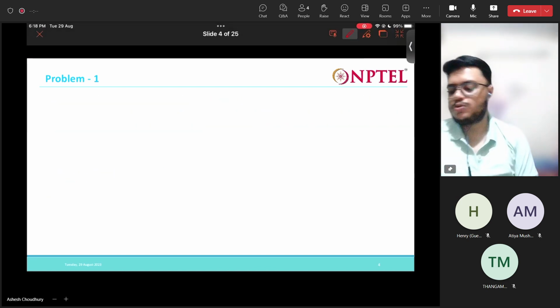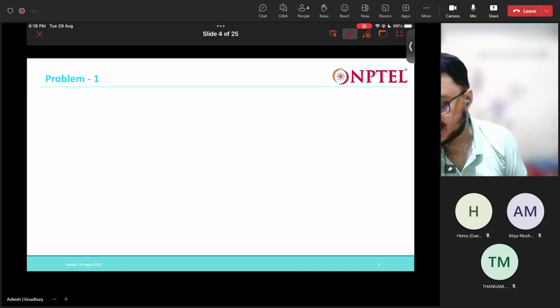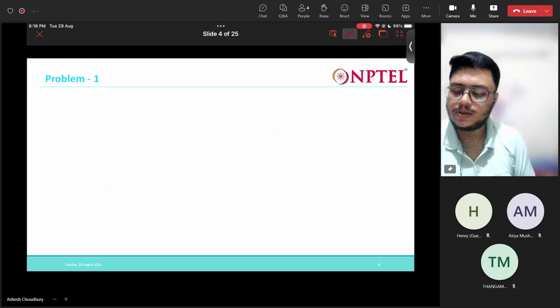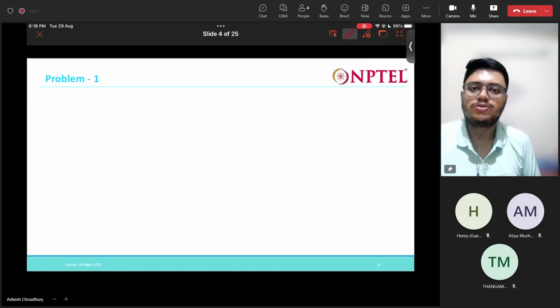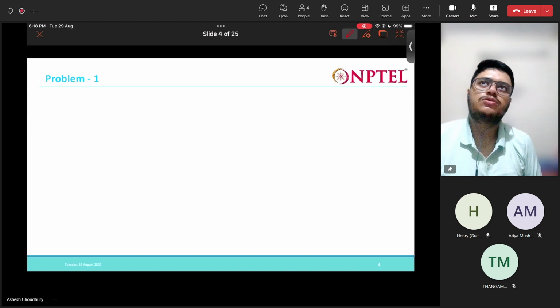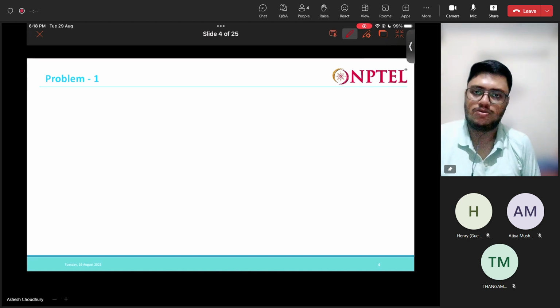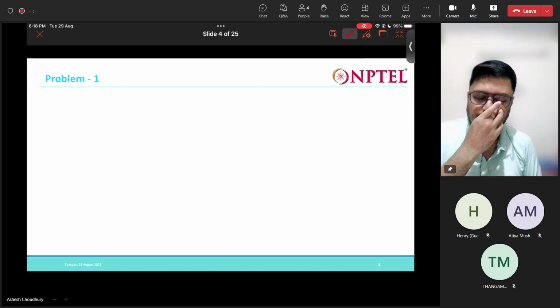First, we will be determining the horizontal pressure. How to determine the horizontal pressure? Horizontal pressure means the earth pressure and the pressure coming from the dead load or whatever other load.